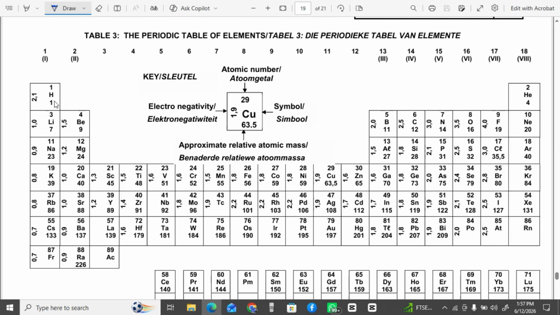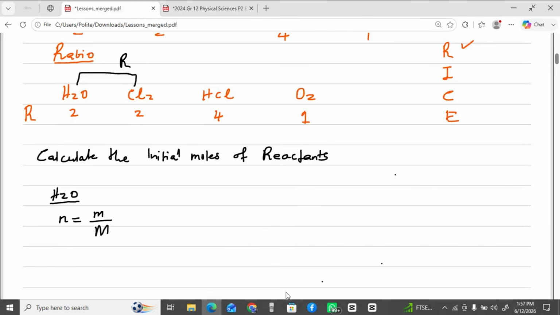When we go to the periodic table, you can see that the molar mass for H is just 1, because we take the number that you find below the H, which is 1, and we need 2 of them. Remember, it was H2O. For O, that's 16. So please keep those numbers in mind. We're going to use those now.